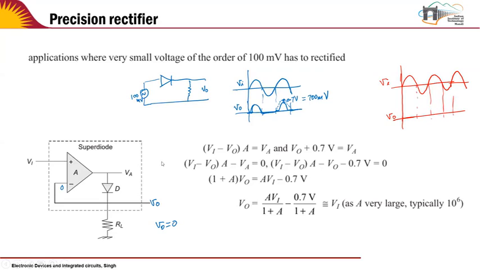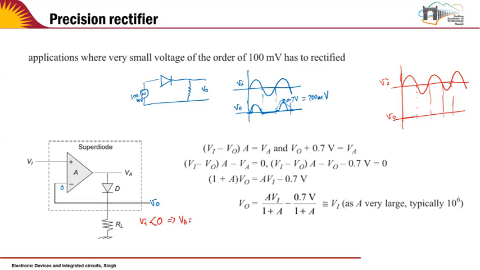So when the input is a negative value, then what happens? Let's write it over here. When VI is negative, then what happens?